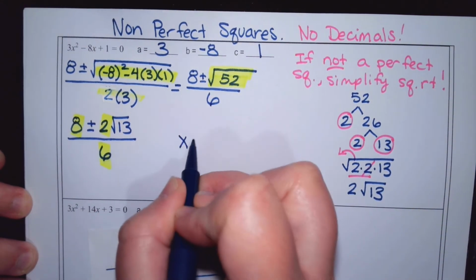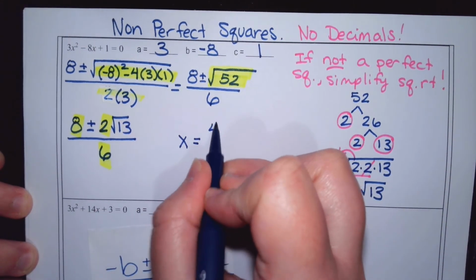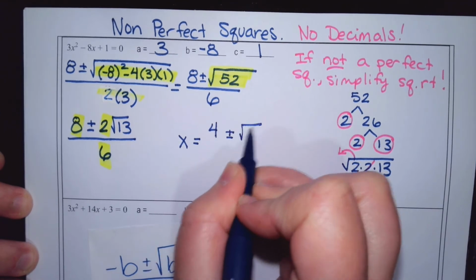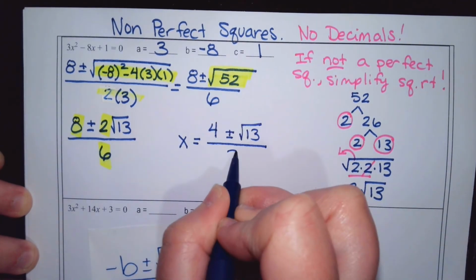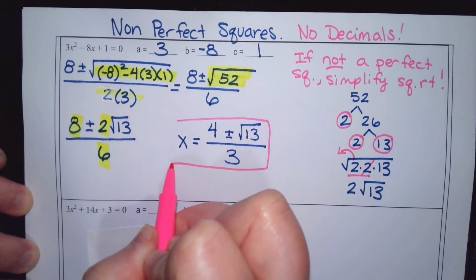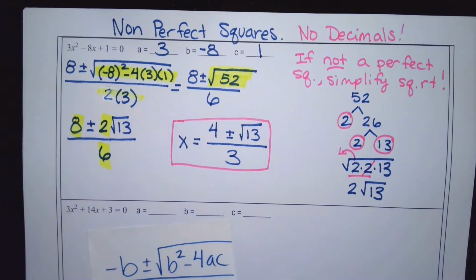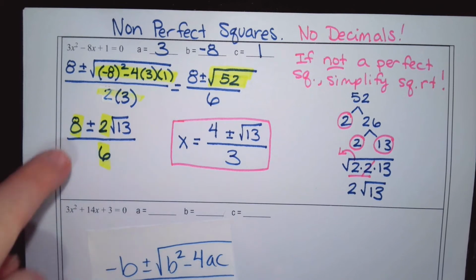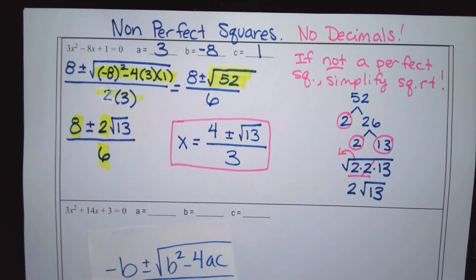We get x is equal to 4 plus or minus radical 13 all over 3. And this is our stopping point. So you don't need to split it apart. You don't need to do decimals. You just need to simplify those 3 numbers if you're able to, just like how you would simplify a fraction.